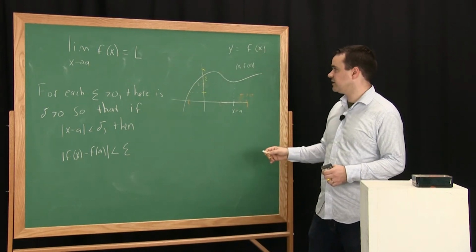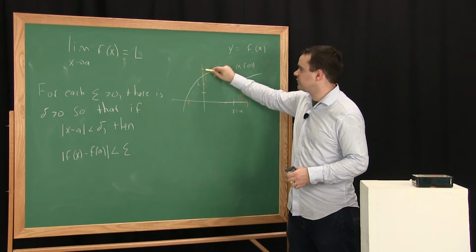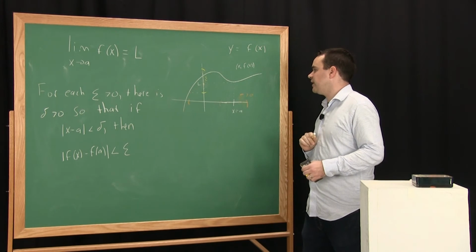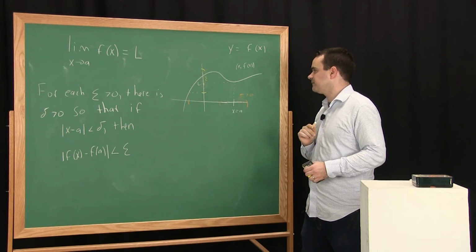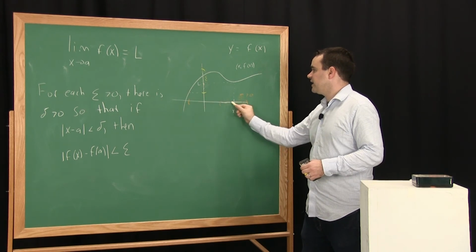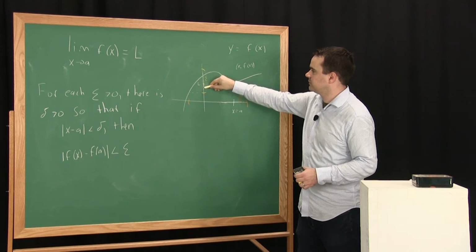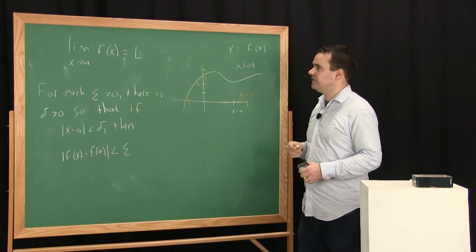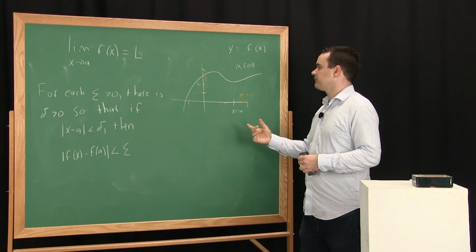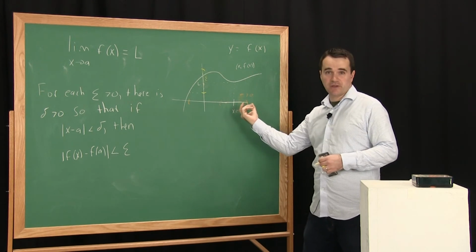You think of it by saying you can pick any interval you want about the limit L, and there must be a corresponding interval about a, so that whenever the x values are in that interval, the y values are in this one. And that's the formal way of saying that the y values will be very close to L whenever the x values are close to a.